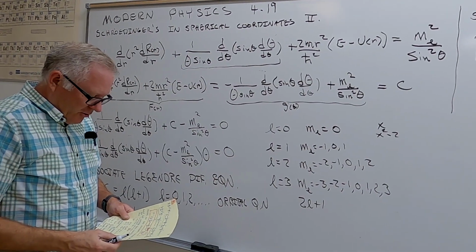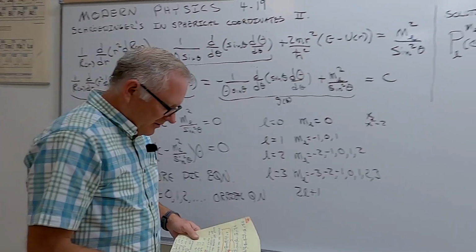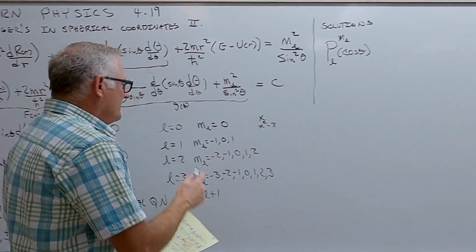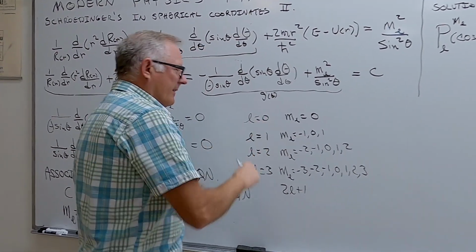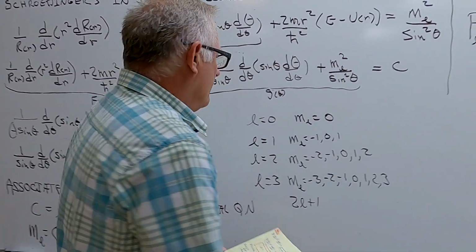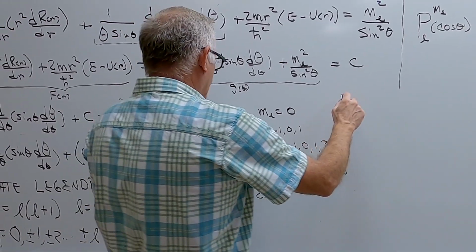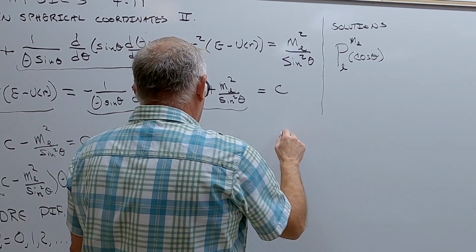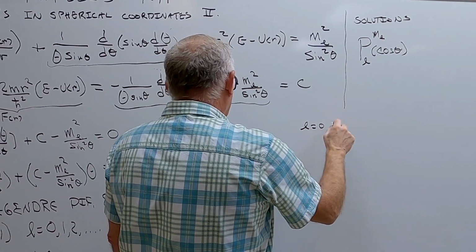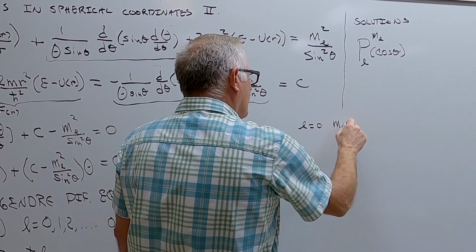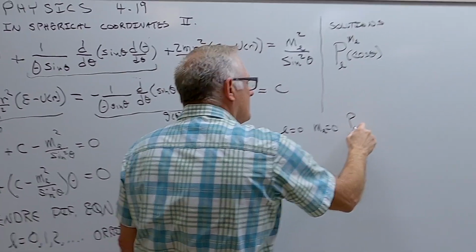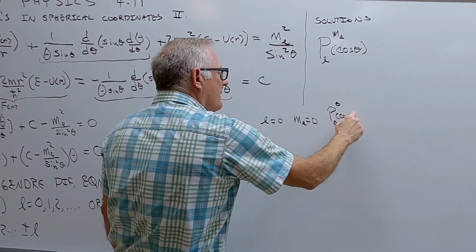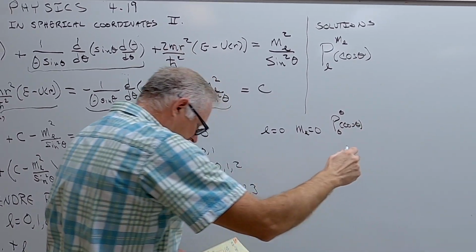Just to give you an idea of what some of these are, I can't put all of them in here, but let's say for L equals 0 and m sub l equals 0, we've got P 0,0 of cosine theta, and that's just 1.